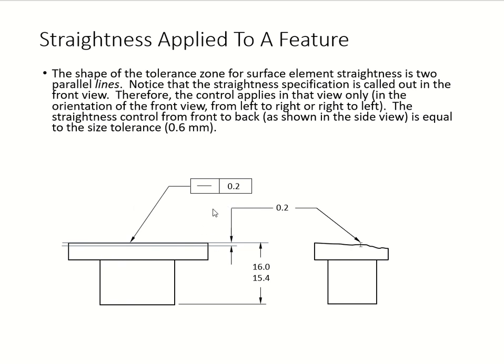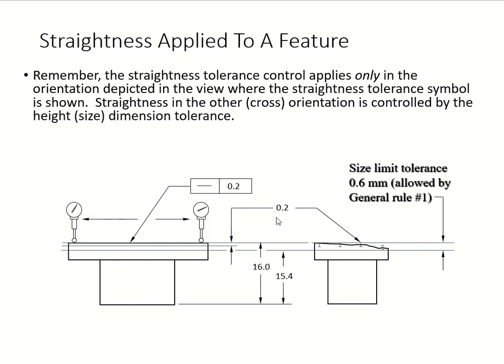We already knew the straightness tolerance 0.2 is going to apply to the view. And the straightness in the cross orientation is going to be controlled by your size dimension tolerance, which is 0.6 millimeter.